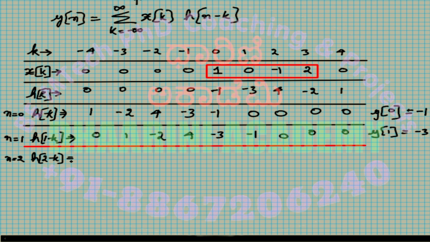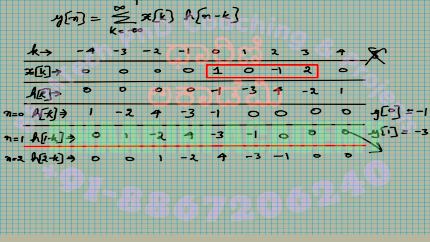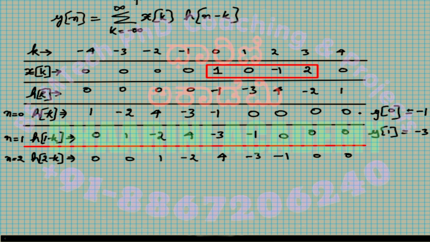What you have to do, keep shifting the signal to right by 1. One more 0 comes, this 0 goes here, 1 comes here, minus 2 goes here, the 4 enters here, all right, minus 3 here, minus 1, the 0 and a 0. This 0 actually goes out, which we are not plotting since we are not showing 5. Okay, so because of that reason, you don't have to worry what goes out. Okay, all right. So this is the table, right?